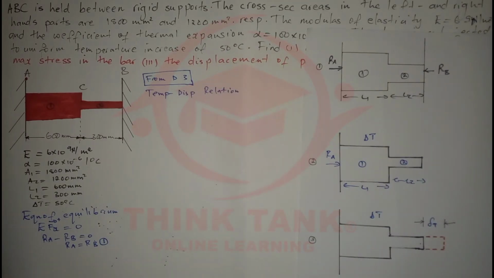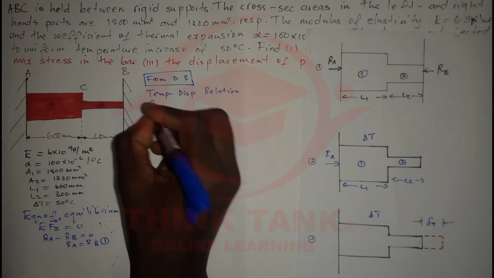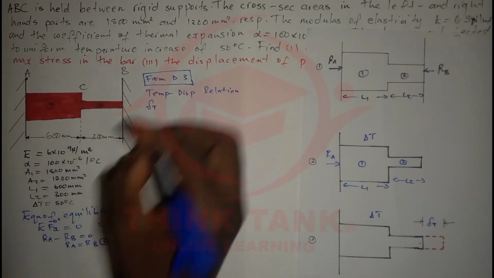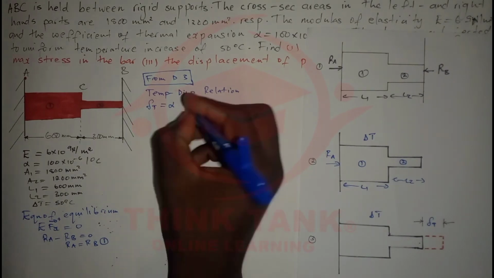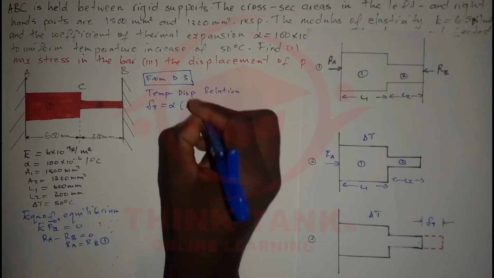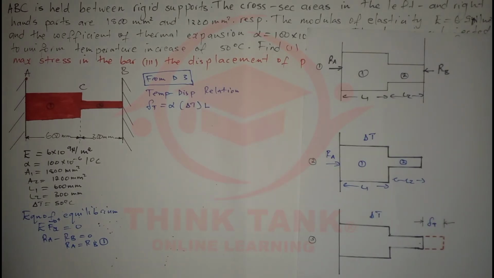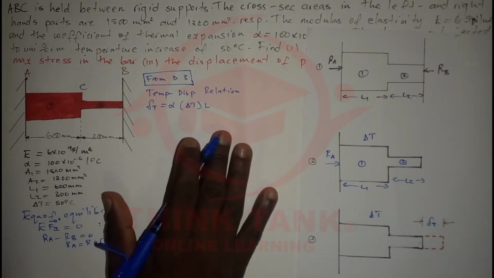We know that when we heat a solid, it's going to expand. And the length of the expansion, or displacement of the expansion, which I'm going to call delta T, is going to be given by alpha, which is the coefficient of thermal expansion, times the change in temperature, and I'm going to multiply that by the length. That is what we know.